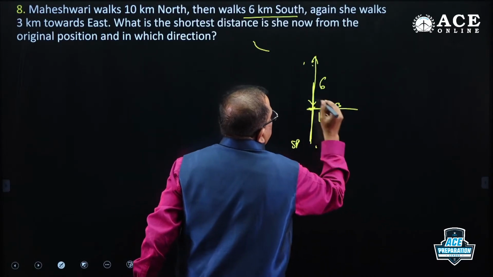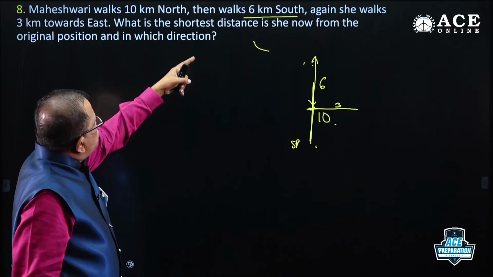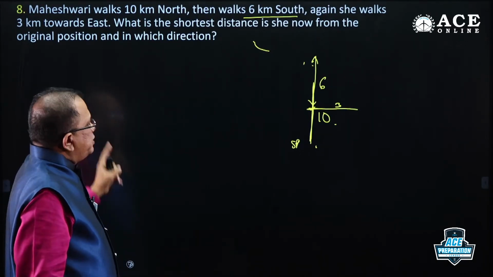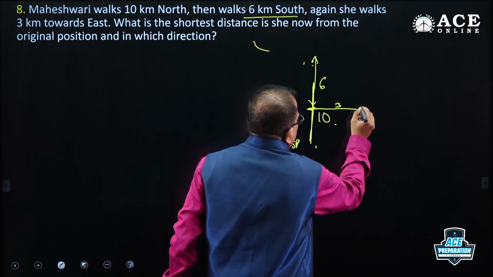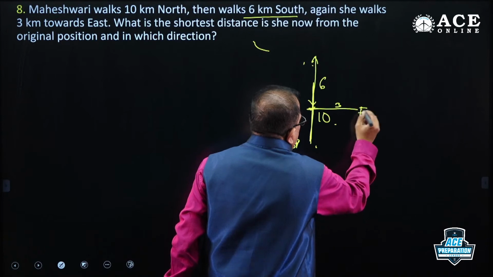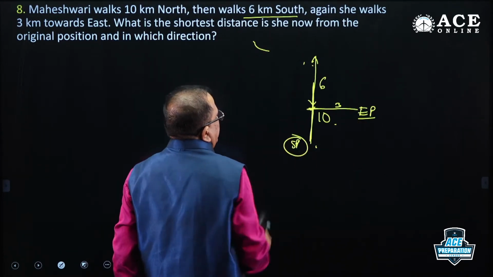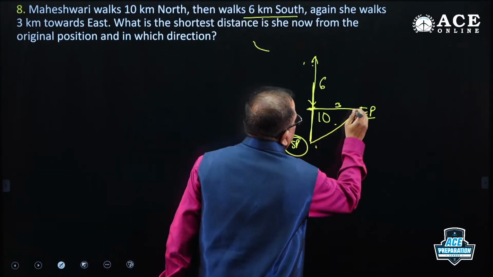So this is 3. What is the shortest distance she now is from the original position, that is the starting point? So what is this position? This is the final or ending point. Where is this ending point from the starting point? Shortest distance means straight line.